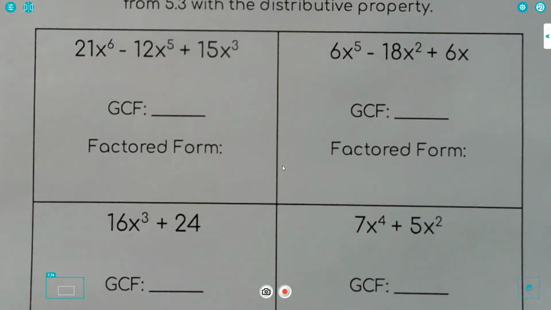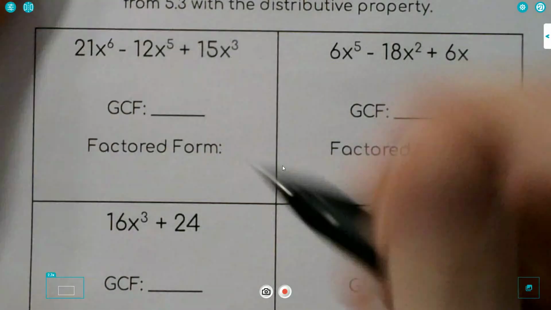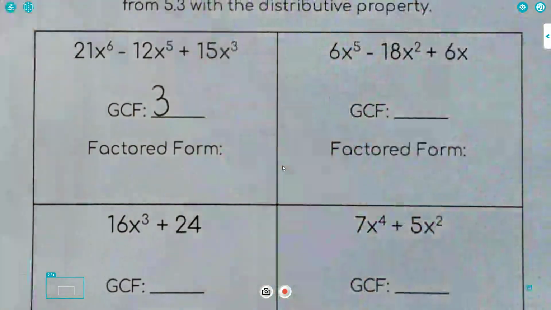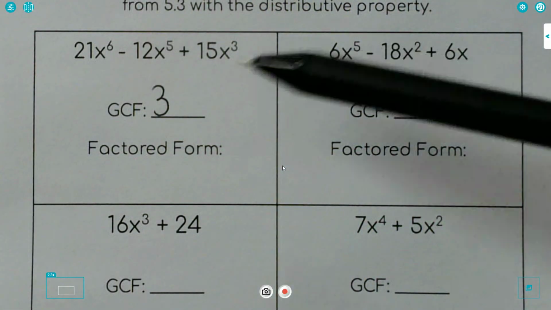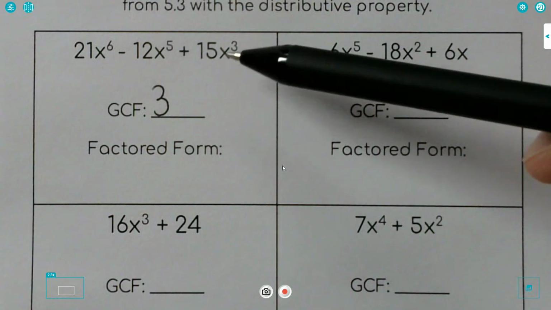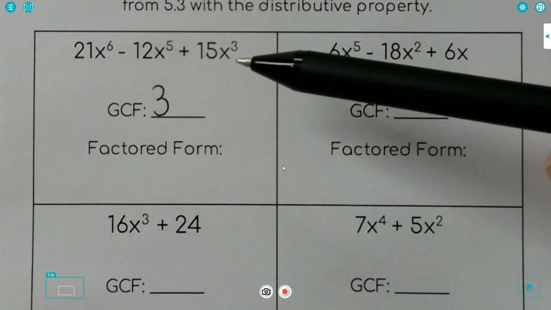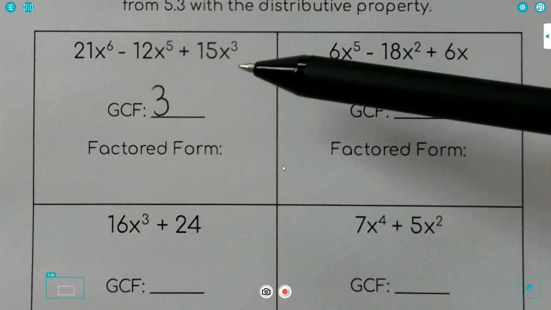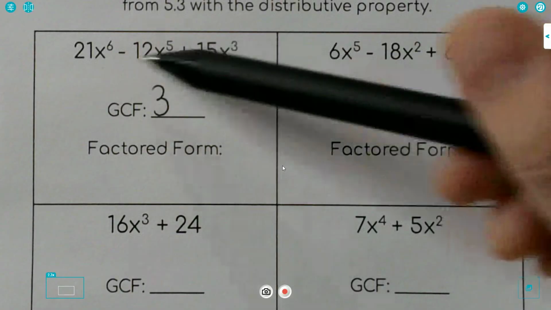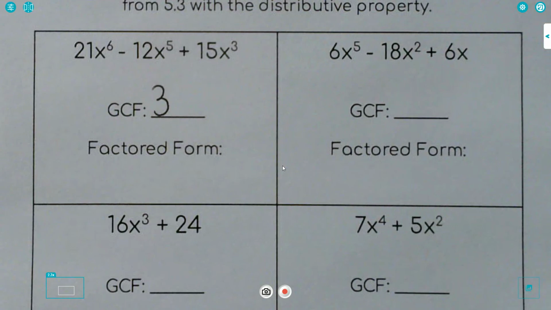3. Awesome. I agree. I like to look at a number that is either smallest or easiest to factor. So right here I see 15, and I know 15 is divisible by 1 and 15, 3 and 5. And I can look at these other numbers and say, I can't divide those by 15 or 5, but can I divide by 3? Yes, I can.